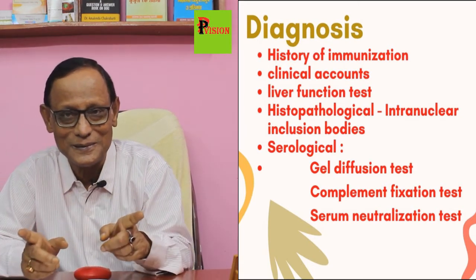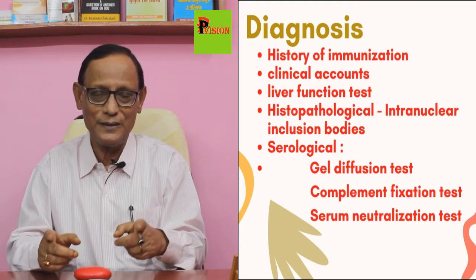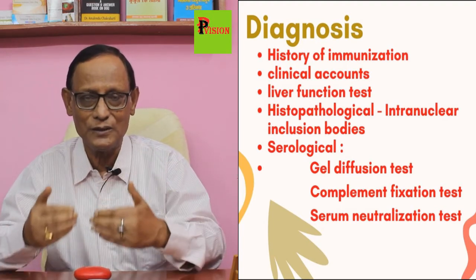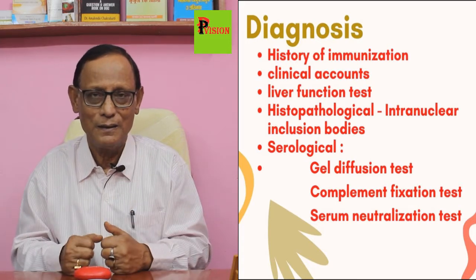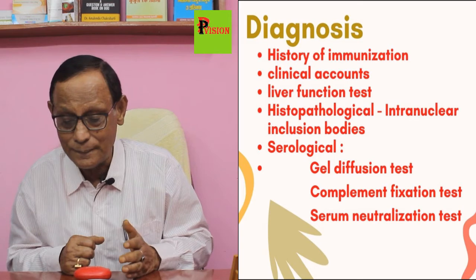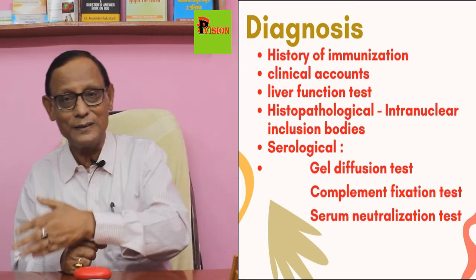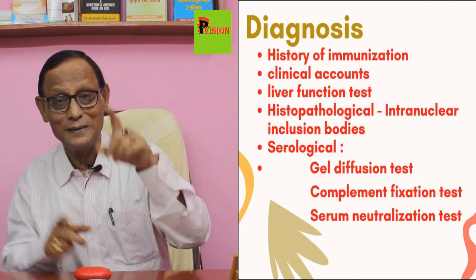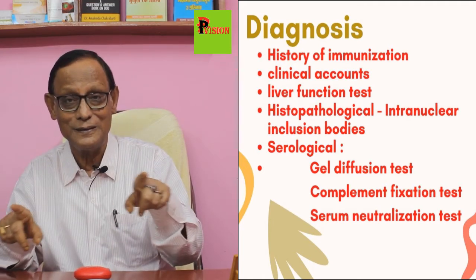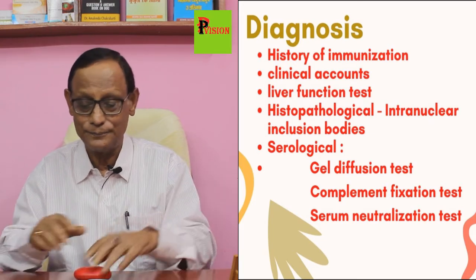This is the difference. If you have laboratory facilities where histopathological examination can be done, in case of distemper you will get intracytoplasmic inclusion bodies, but here you get intranuclear ones. This will help your differentiation of both the diseases.